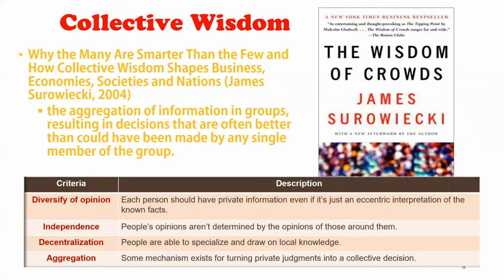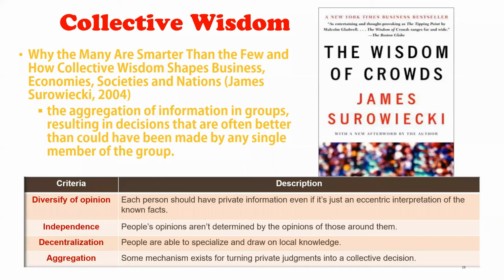He argued that you need four criteria to allow the wisdom of crowds to emerge. One is diversity of opinion. You must allow people to be as eccentric as they are, and they must be able to voice their opinion, so diversity is very crucial. Then independence: people's opinions are not determined by the opinions of those around them, meaning they use their own thinking to form their opinion.